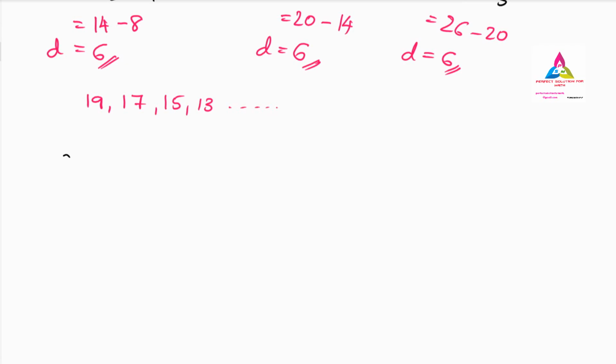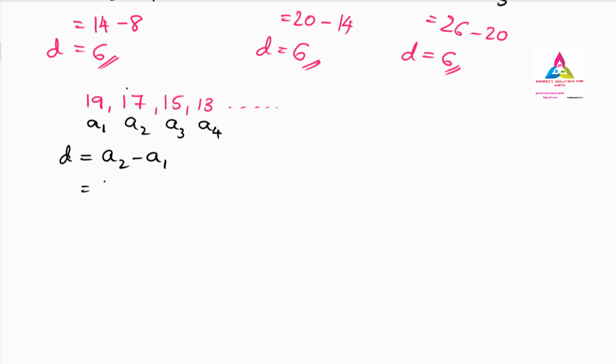So D, that is common difference, is equal to A2 minus A1. Here 19 is A1, 17 is A2, A3 is 15, and A4 is 13. So A2 minus A1: what is A2?